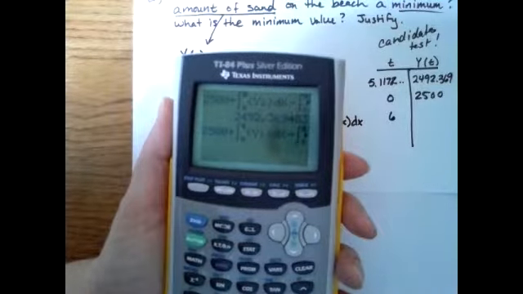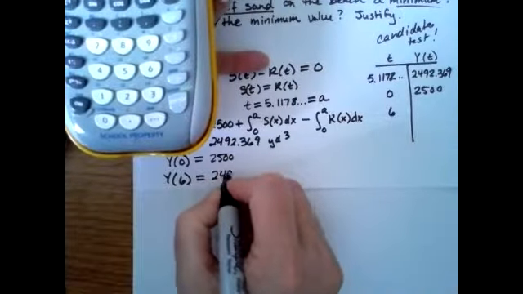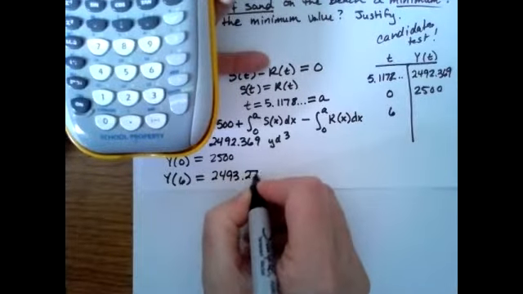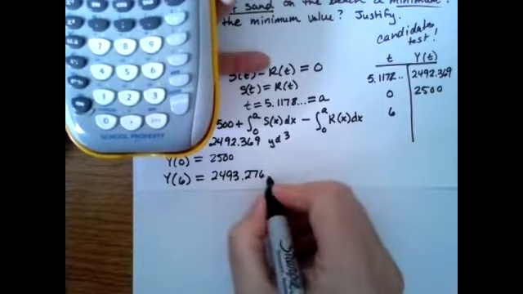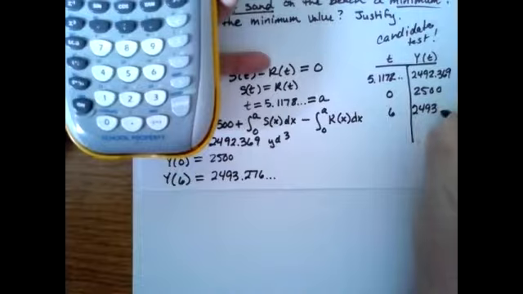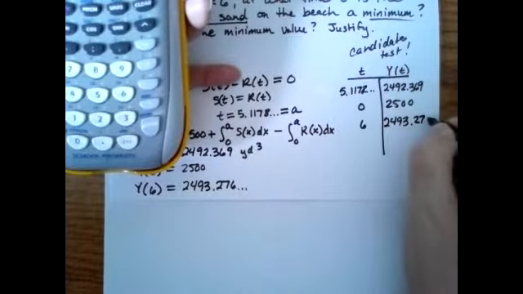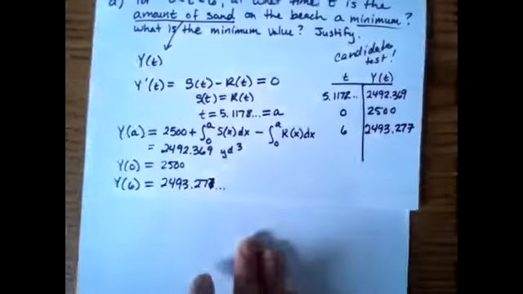Okay, so at times 6, we can get our calculation 2493.276. Let's write that down. I guess that would round to 7 if you want to round it.